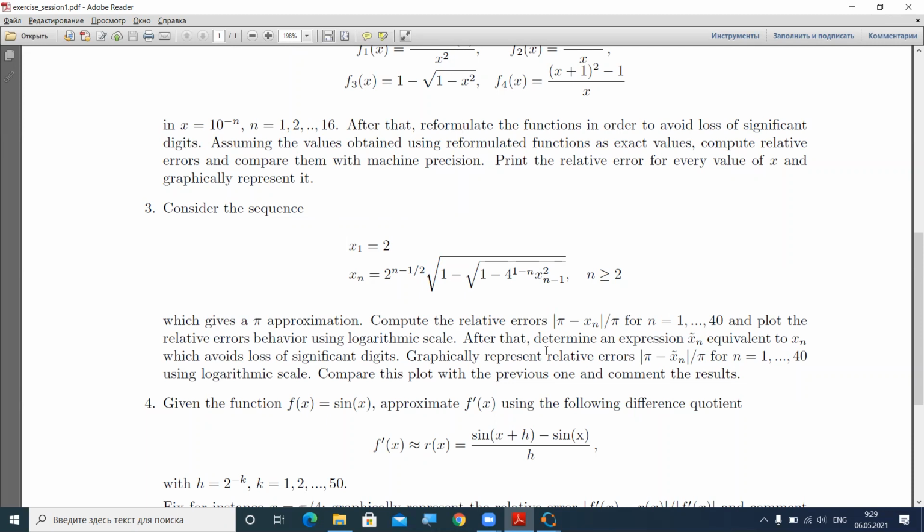After that, we need to find a new reformulated x, x tilde, which is equivalent to x but avoids loss of significant digits, and graphically represent the errors between the new reformulated x_n and pi.